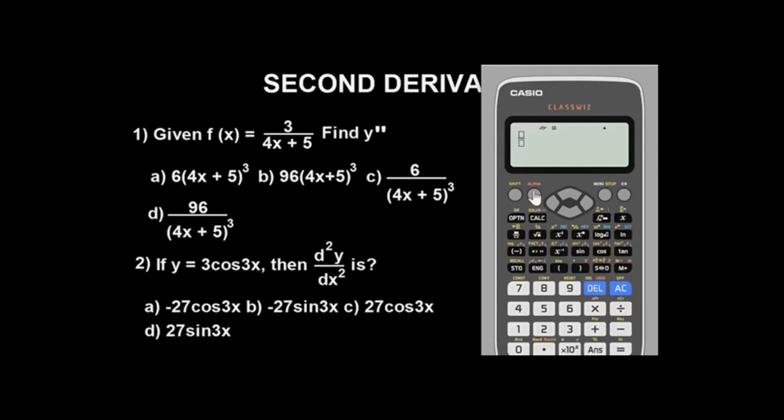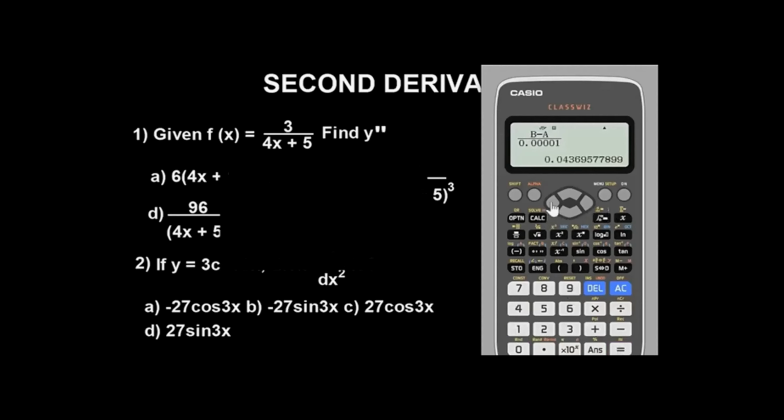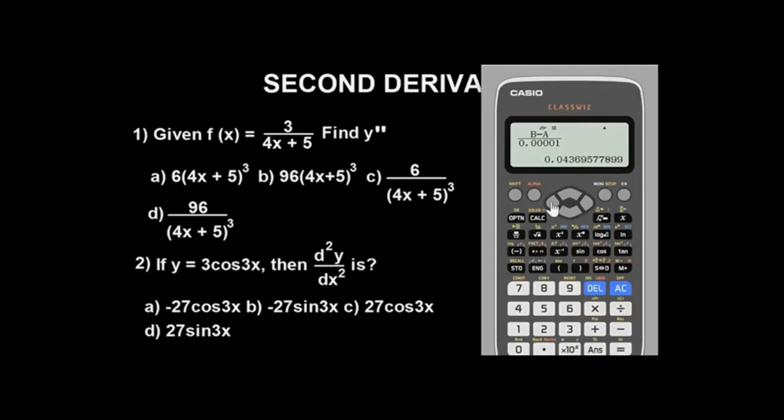All I have to do is alpha B. Just follow me, guys. Minus alpha A over the constant 0.00001. So that's it, guys. Press equal to. Okay, guys, so we have 0.043 as our final answer. That's 0.043 as our final answer.